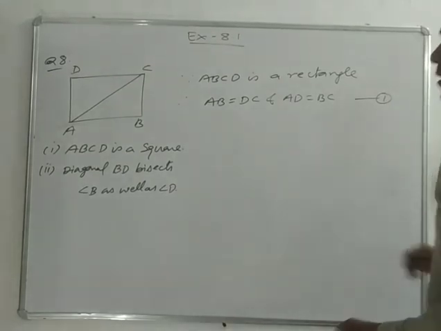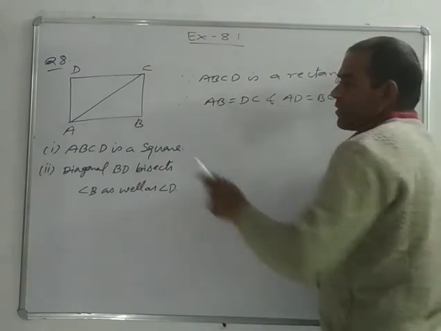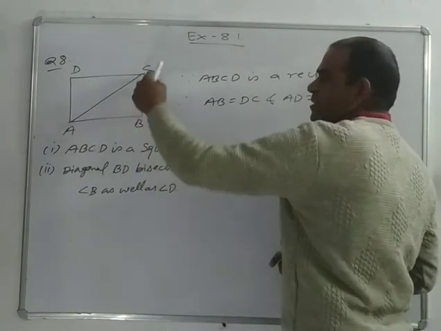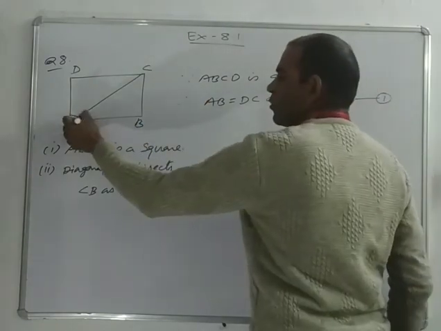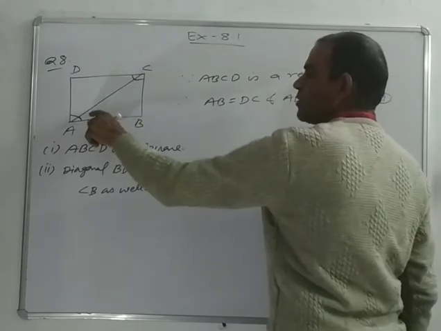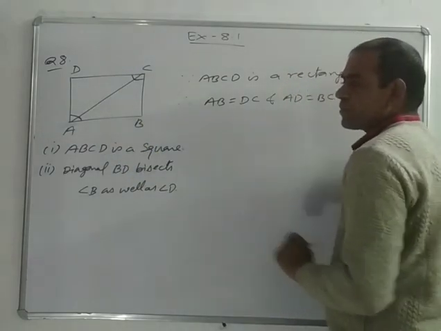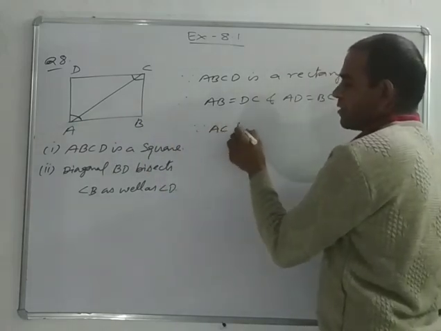Again, we are proving the adjacent sides. Now for adjacent sides, AC bisects angle A as well as angle C. The full angle is 90, and this is also 90, so we take half, 45.